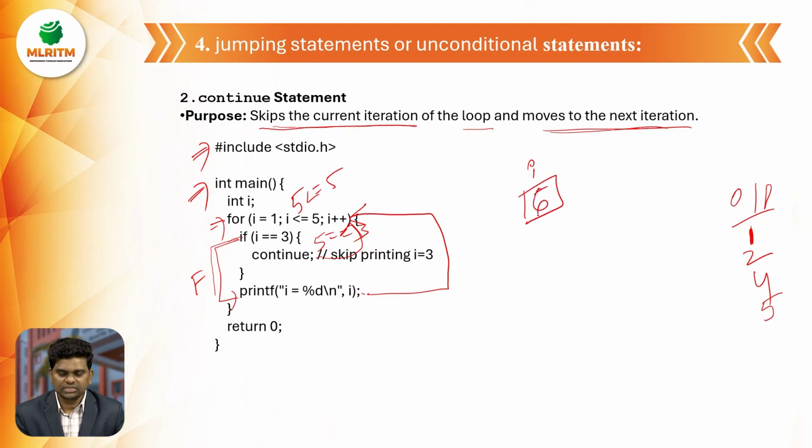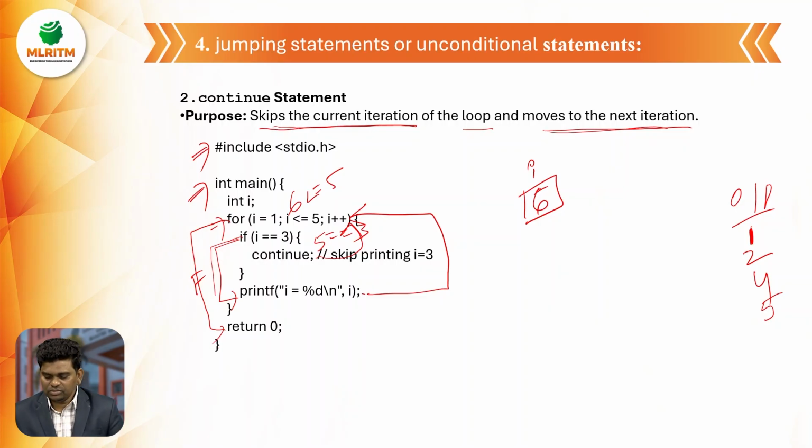Then I value becomes 6. Then check the condition. 6 less than or equal to 5. This is false. So when the for loop condition is false, directly out of the for loop, we have return 0. Successful execution of the program, and this close brace indicates the ending of the main.